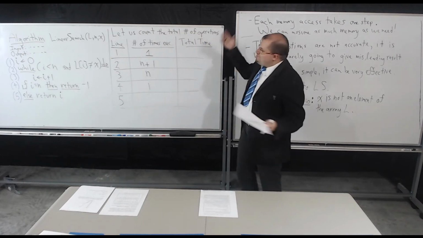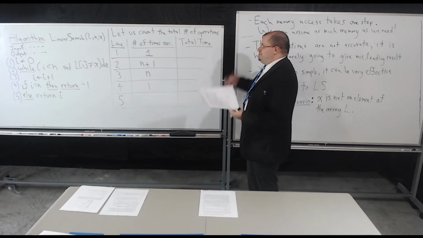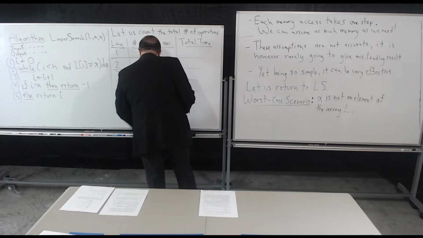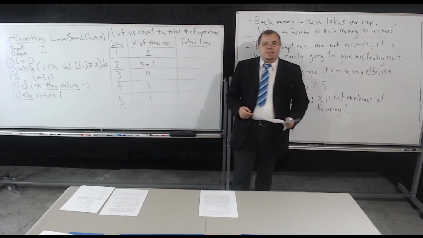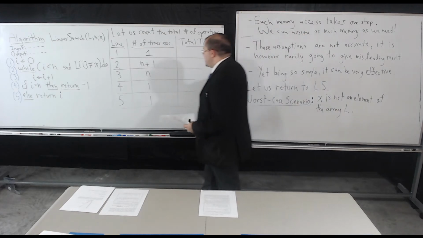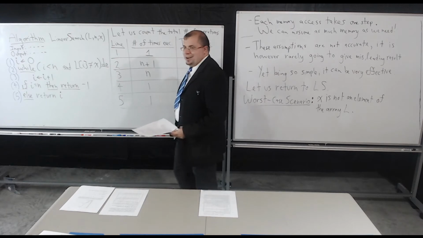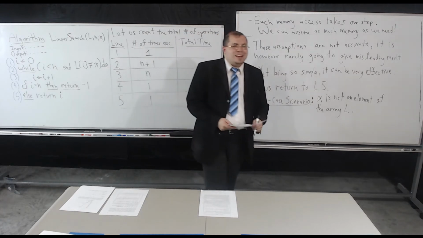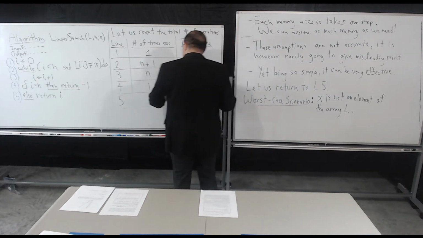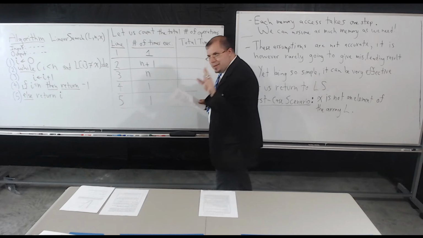Now, technically, line 5 never occurs, and I'm going to be overly generous and just say it happens once. Technically, you could put 0 here, and that's perfectly correct. So I can put 0 here. That's cool. I'm just going to put 1 here. I just feel like being generous, okay? You'll see that it's really not going to make any difference. That's the point I'm going to make here.